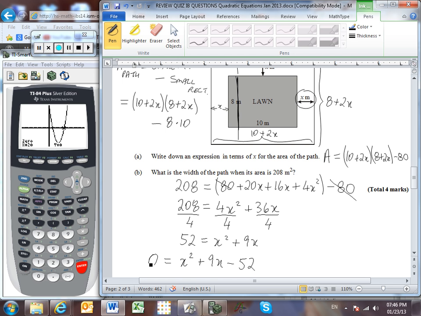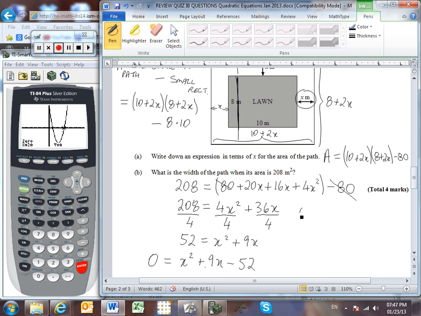So I need to look for two numbers that multiply to give negative 52, that one of them must be positive and one of them must be negative, and they add to give a positive 9. Ooh, so the positive number was very dominant. It was dominant by 9. So we need to look for two numbers that are 9 units apart, which multiply to give 52.